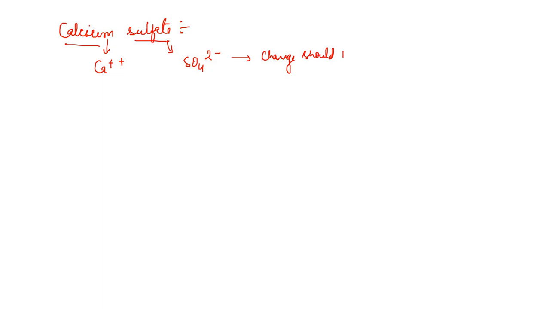It means whenever you make the formula, the final charge should be 0. So if I want to combine these, there are 2 plus and 2 minus, so you can simply write the formula of calcium sulfate as CaSO4.